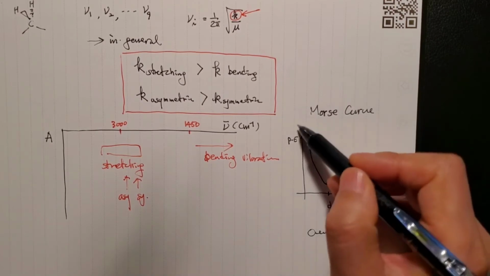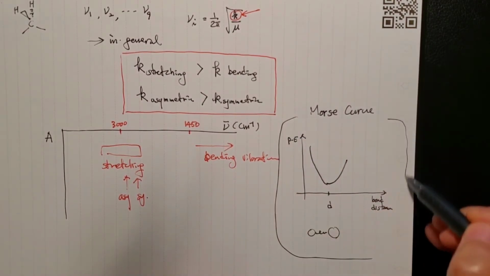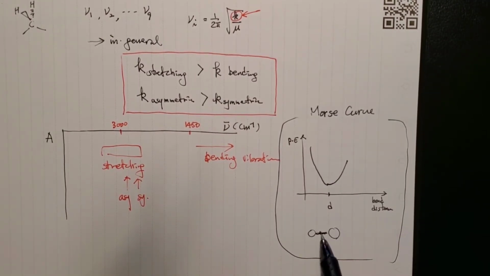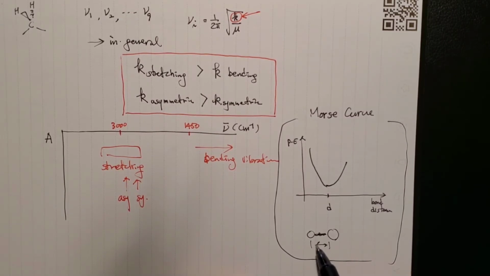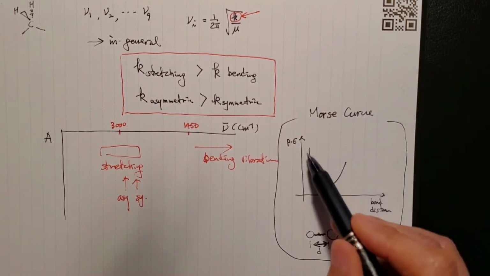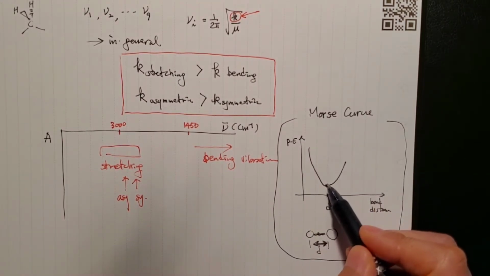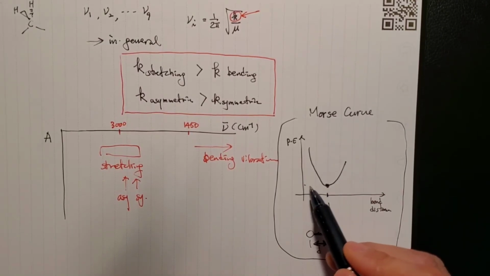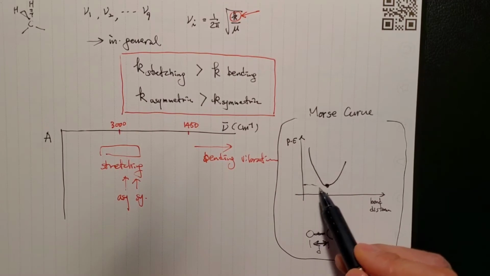And I want to draw your attention to the Morse curve, showing the potential energy of the bond. With the two atoms, the distance between them here will change their potential energy, obviously. There is an optimal distance for the most stable and lowest potential. That's right there. So at this bond distance, that's a regular bond length, you get the lowest potential.